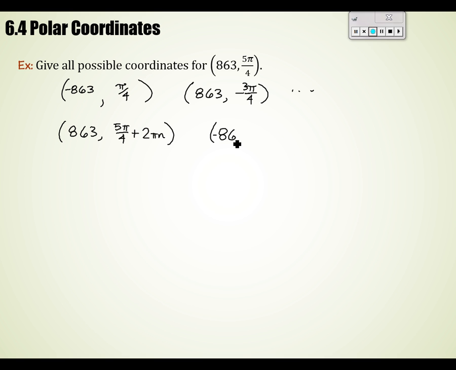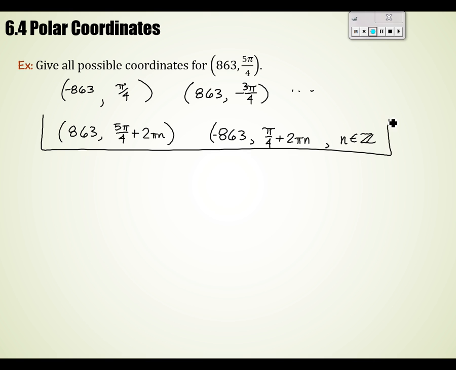Or negative 863, comma, pi over 4, how about, right? Plus 2 pi n. And I claim that letting n be some integer, positive or negative, we have actually just named them all, right? And if you think that you have another point that is not on our list, we can prove you otherwise.